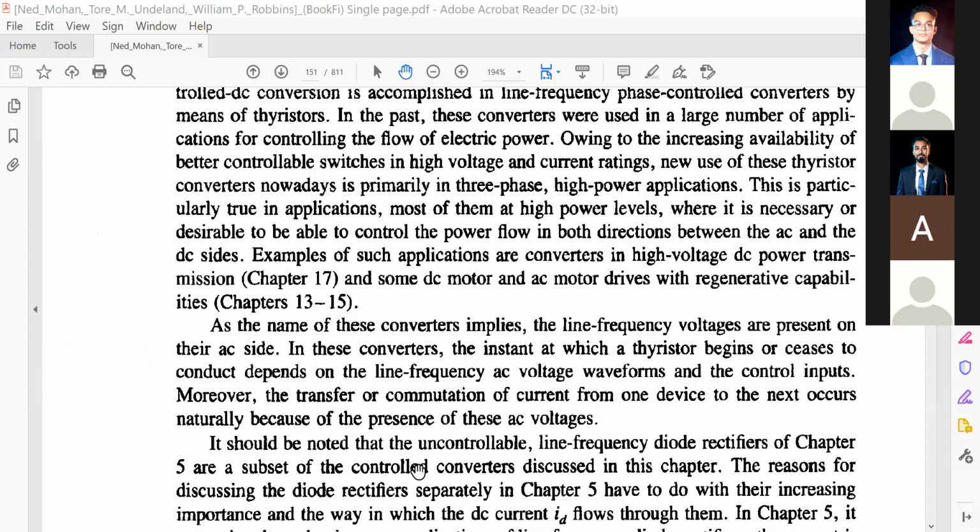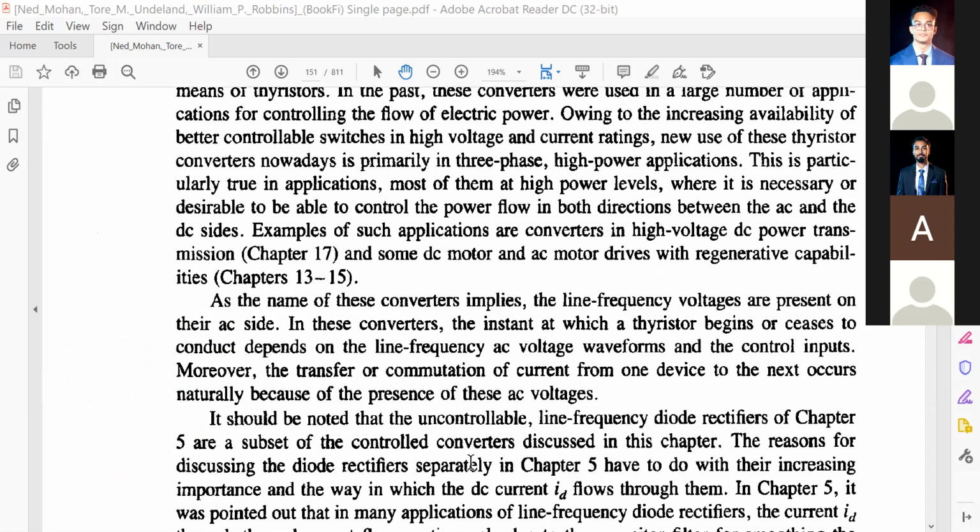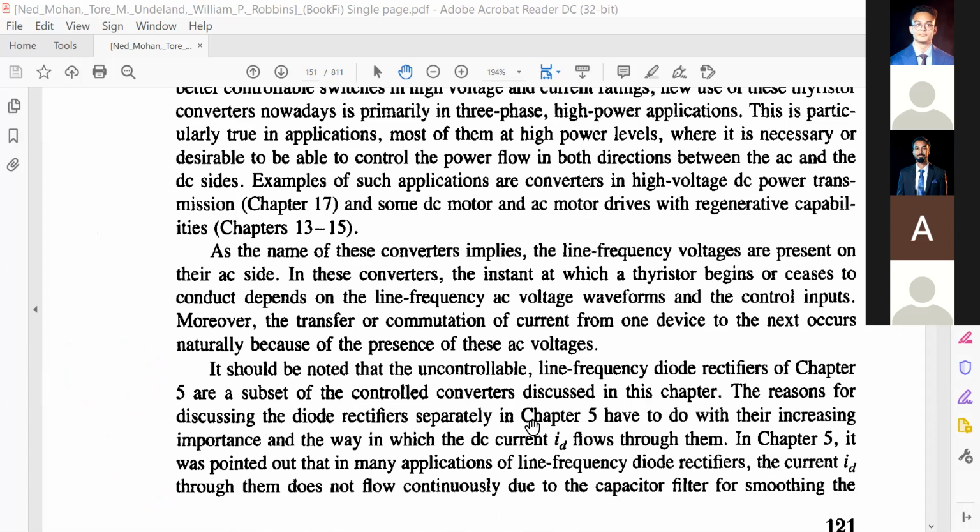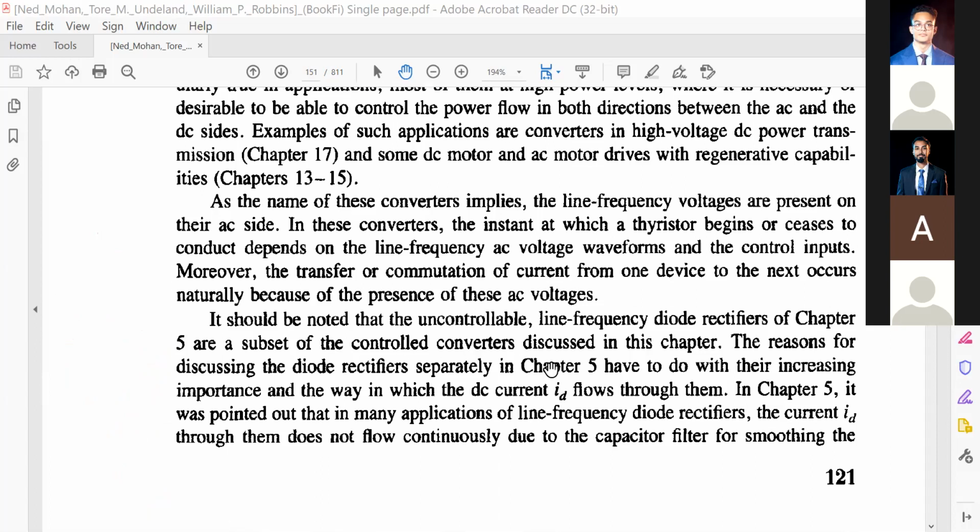It should be noted that the uncontrollable line frequency diode rectifiers of chapter 5 are a subset of the controlled rectifiers. Actually, the controlled rectifier is the main thing. Why is it mentioned that it is a subset? Can anyone tell me? Suppose you have an AC supply, and you have a thyristor here.